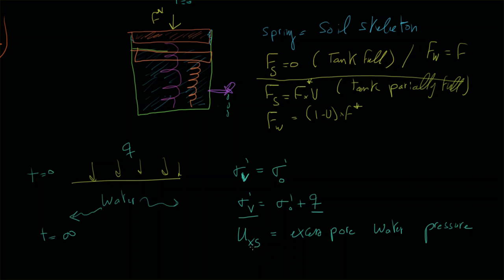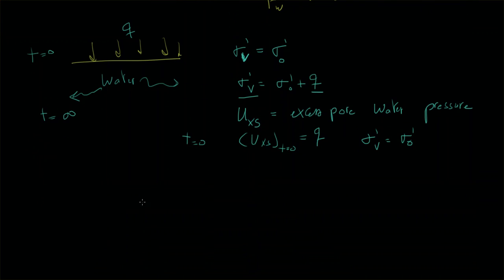So at time 0, u_xs at 0 has to be equal to the surcharge, Q, correct? And sigma dash v equals sigma dash naught. Soil does not get any force, but the water gets all the force. As time passes, we could draw a chart like this.